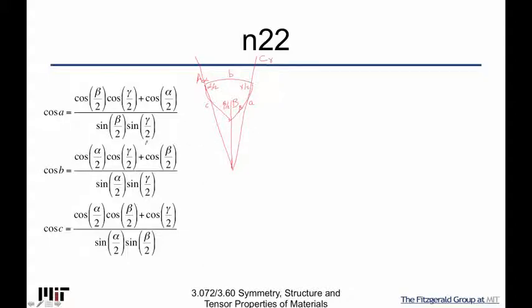And that's how you get these expressions. You can tell they look very similar to the original law of cosines for the spherical triangle. But when you put in 180 minus an angle, of course, it changes the cosine and sine expressions a little bit. And that's why this looks different.